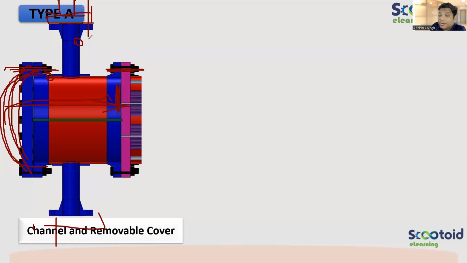I'll have to unbolt these nozzles also. If there is double pass, then this also. So top side, bottom side, and this bolting completely, I have to unbolt. Then I can take this front head out. Now the complete face of the tube sheet will be available for me for cleaning. So that comes in handy in maintenance.